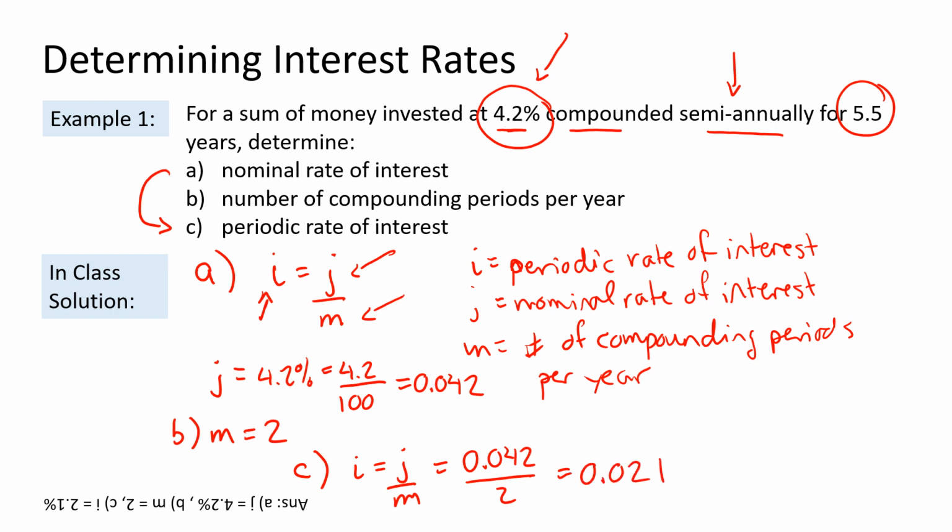Now remember, if you'd like to list it as a percentage, you simply multiply by 100% and you get 2.1%. In other words, it's half of our nominal interest rate, and that's because it's compounded 2 times a year. So you earn half that interest in your first 6 months and the other half in the second 6 months.